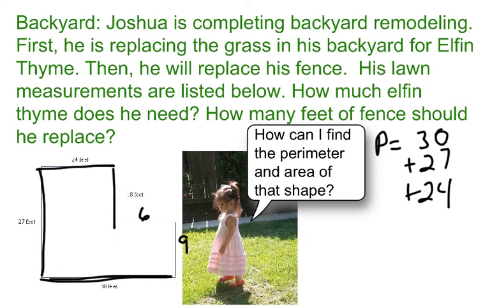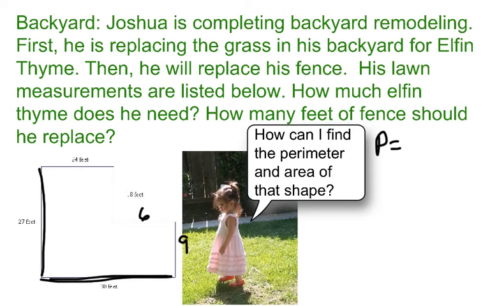Then I have 18, 6, and 9. Which when I add them all together, I get 114. So my perimeter is 114 feet of fence. So that's my fence.